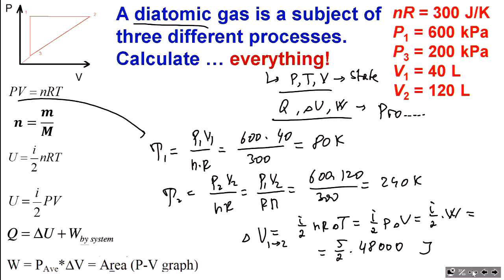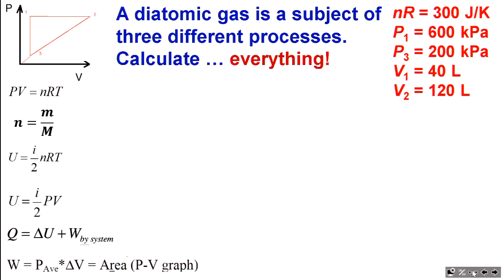Now this graph represents a specific situation when there is one tricky moment. So I want to show it. Don't expect anything like that on a WebAssign. But if we look at process number 2, from state number 2 to state number 3, this line doesn't represent any standard process, not isochoric, not isobaric, not isothermal.